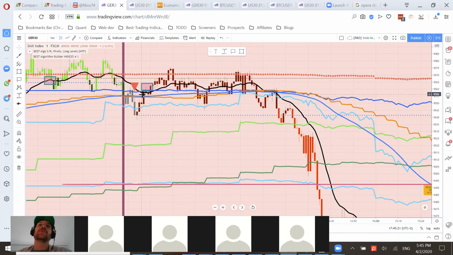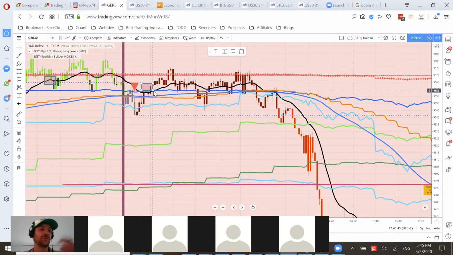Okay. So if you are expert, if you use the cloud, you should wait in that case for a pullback past the EMA 20, because as Riku said, the black EMA is the cloud, which is below this pullback.